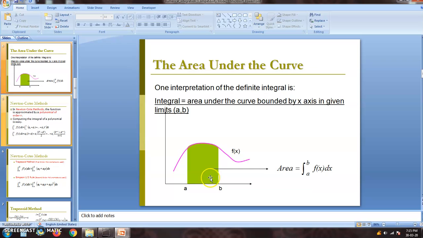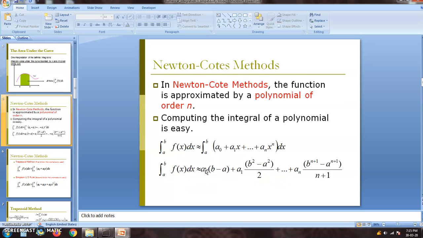Now this area can be calculated analytically by using this formula. But since computers do not understand this function as integration, we need a numerical method which will give us an approximate calculation of this area using simpler formulas.